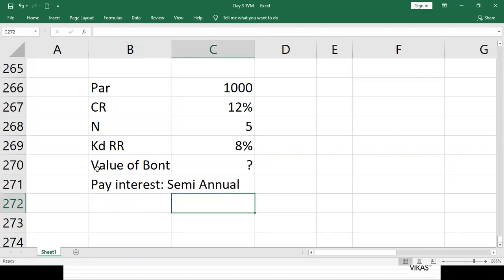Right. What is the value of the bond? Can you do it? Shall I do?